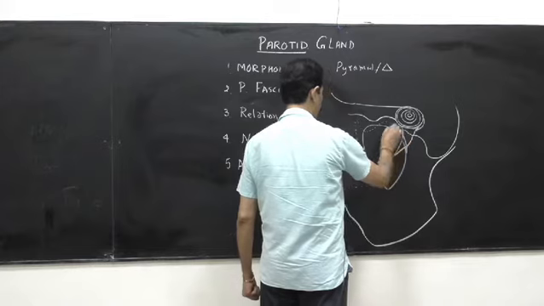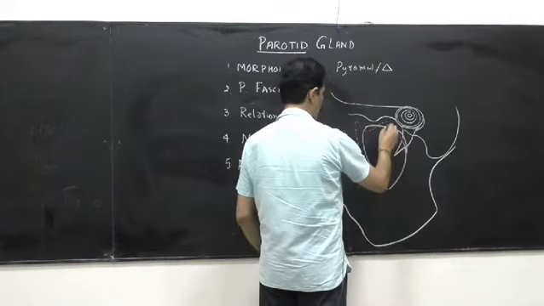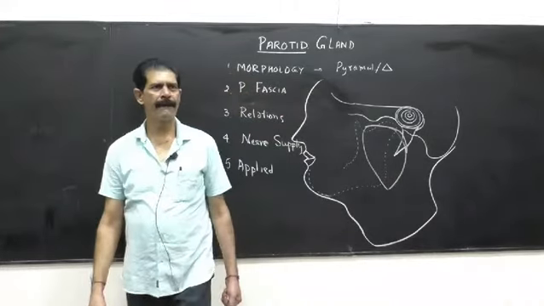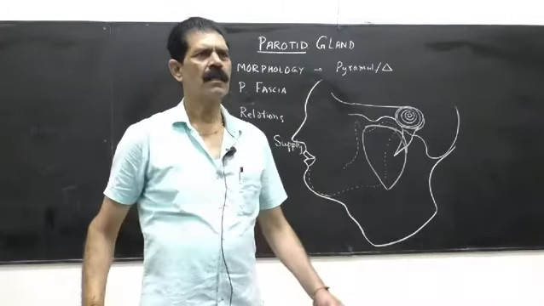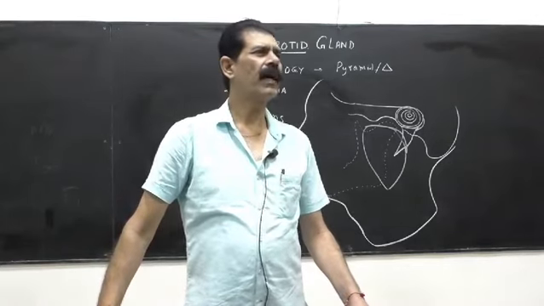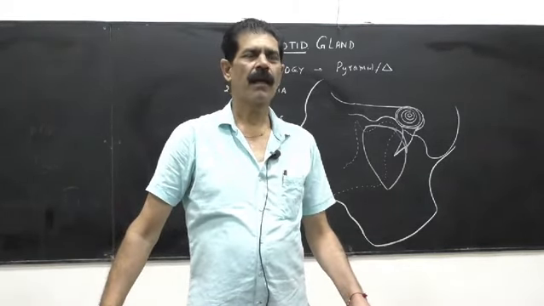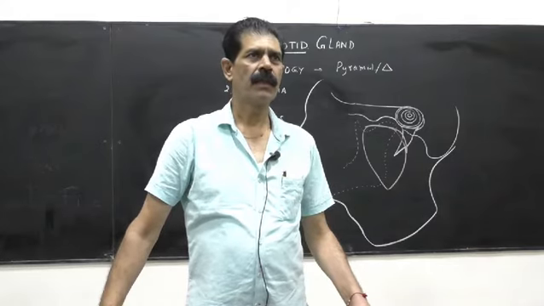The base is upward and below is the apex. So it is an inverted pyramidal shaped organ, and it weighs about 25 grams.